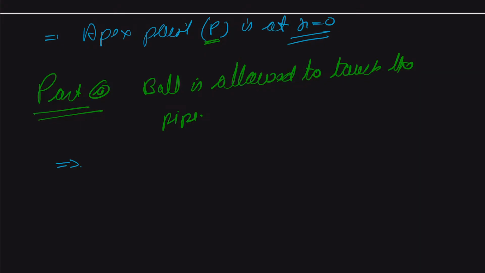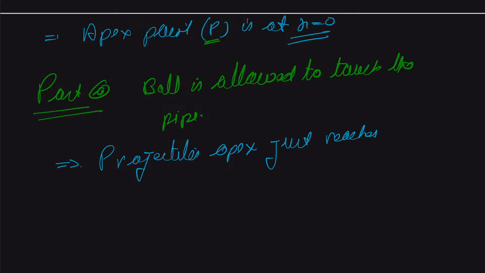From here we can draw two important conclusions. First is that the projectile's apex, the projectile's highest point, just reaches the top of the pipe.